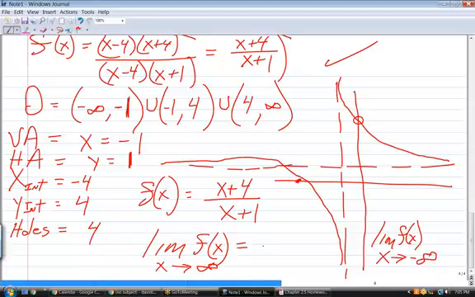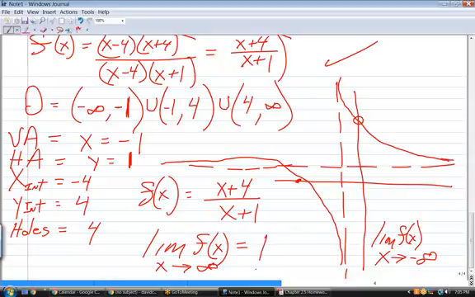That's when you approach your horizontal asymptote. So what is this limit? It would be x towards negative infinity, and that would be 1.